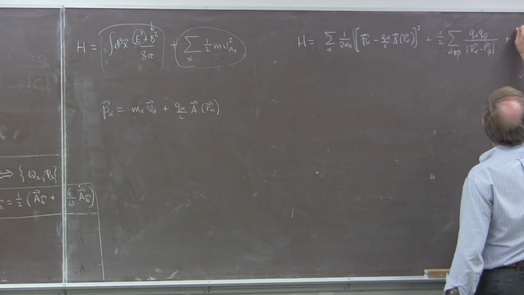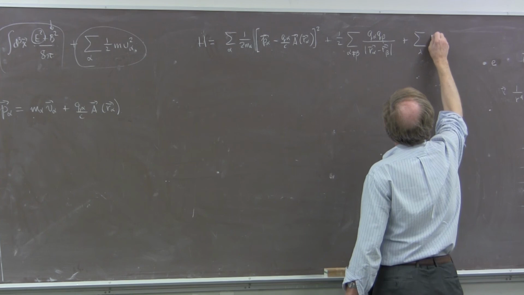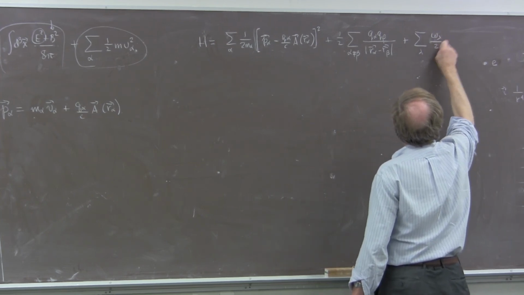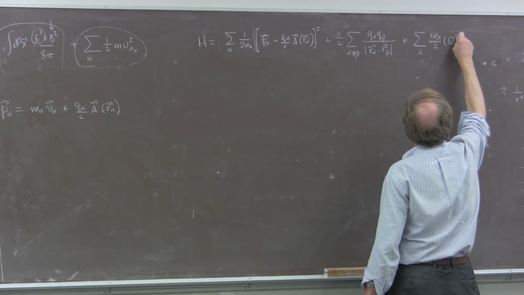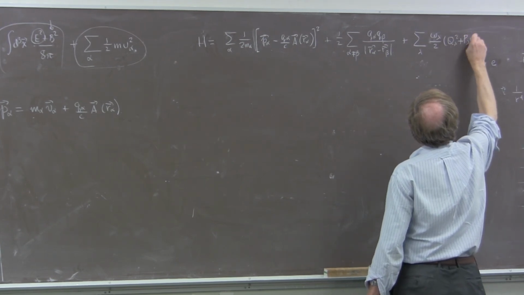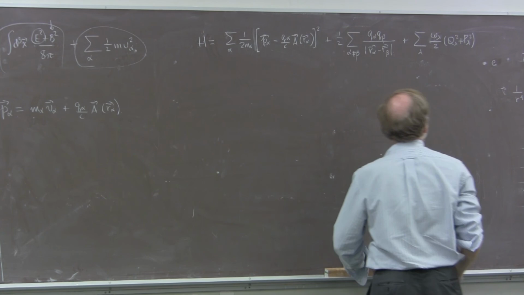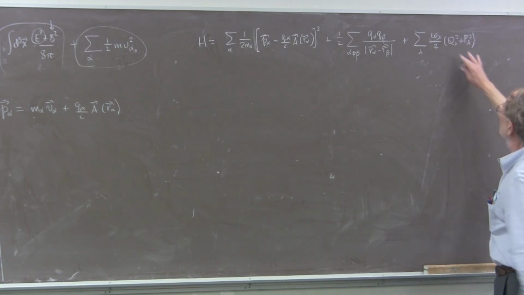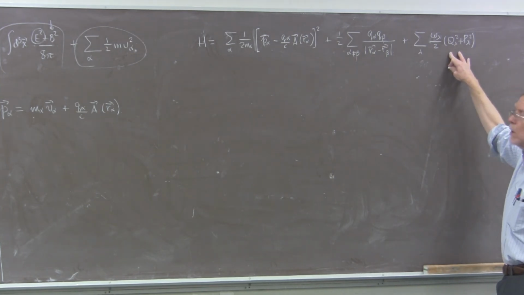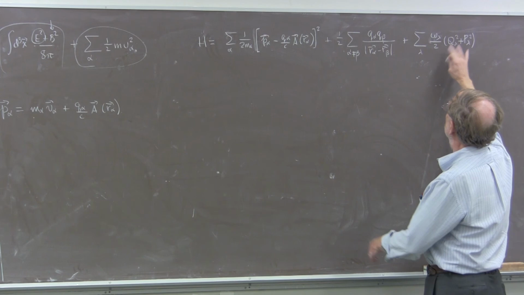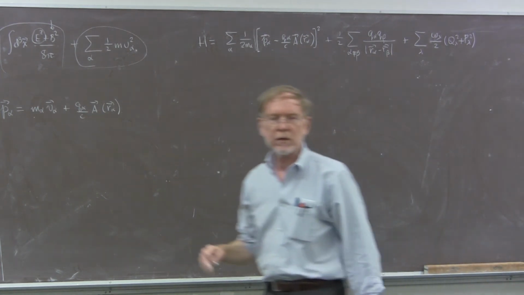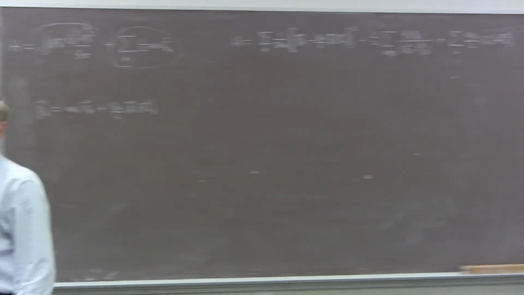And then we have the sum over modes lambda of omega lambda over 2 times P lambda squared plus Q lambda squared for the harmonic oscillators representing the transverse degrees of freedom of the electromagnetic field. It's these transverse degrees of freedom which will represent light waves, and it's the exchange of energy between this final term and these other two terms which will govern the processes of emission and absorption of radiation.